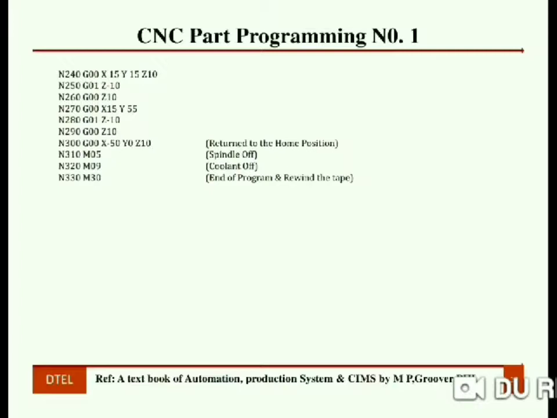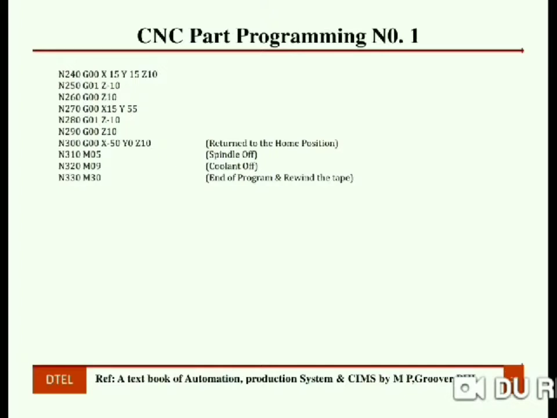Now all operations have been performed. The first operation was the milling operation and the second operation was the drilling operation. Now we need to move the tool to the home position, that is return to home. For that purpose, N300 statement number G00, X minus 50, Y10, Z10. So it is the home position of the tool.